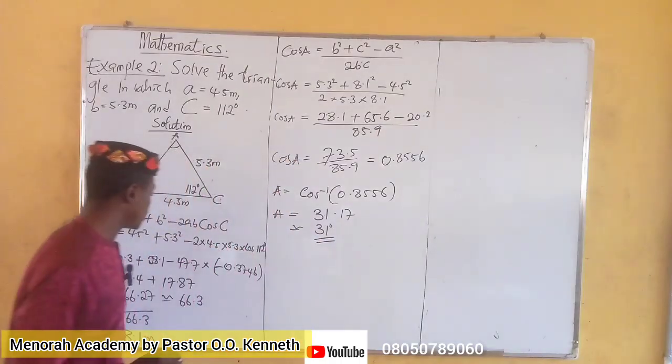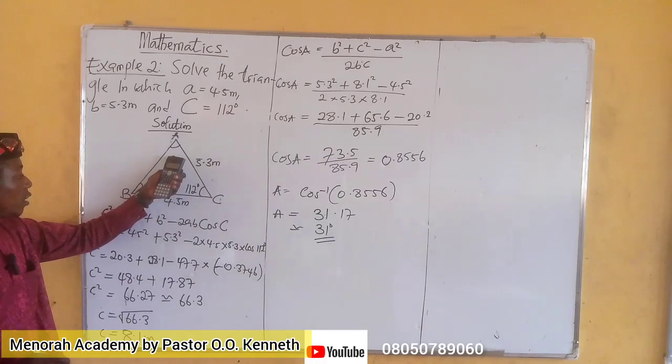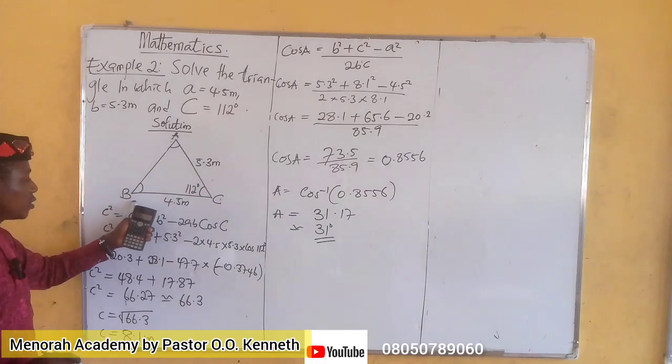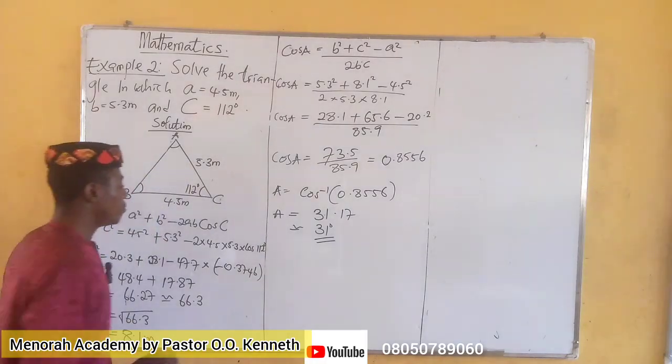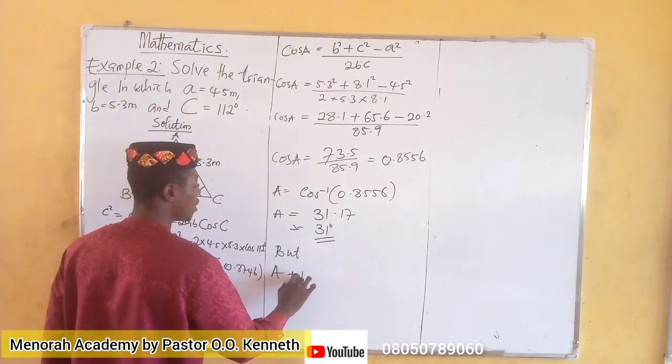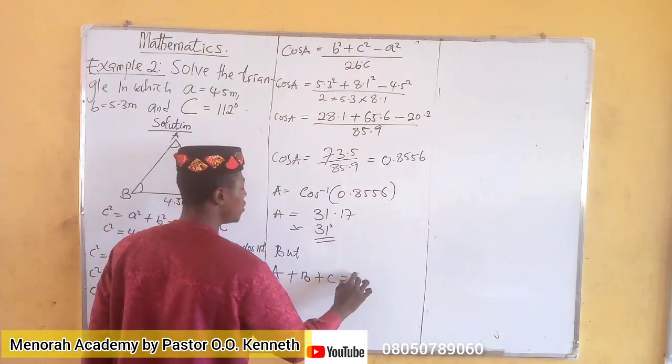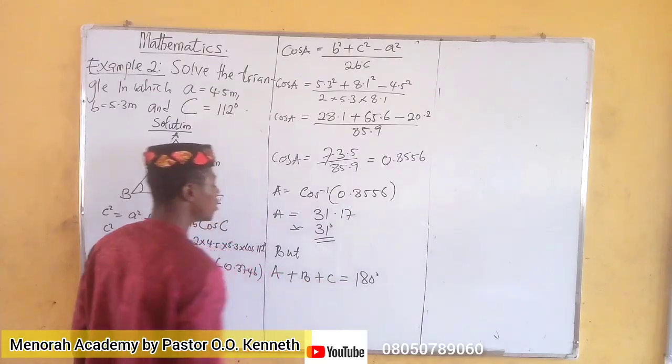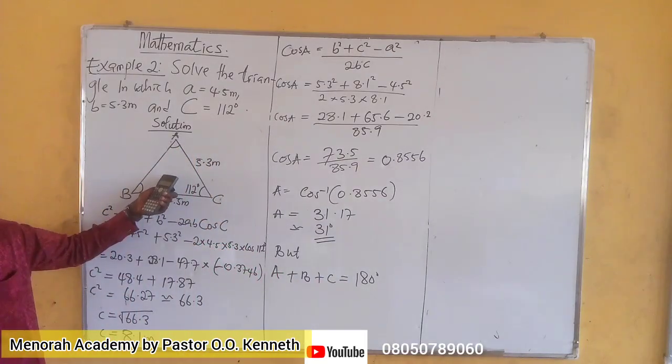So now that I have 31 degrees, I found A, alright? And the last but not the least now is my angle B. But angle A plus angle B plus angle C is equal to 180 degrees. The sum of angles in a triangle is 180 degrees.